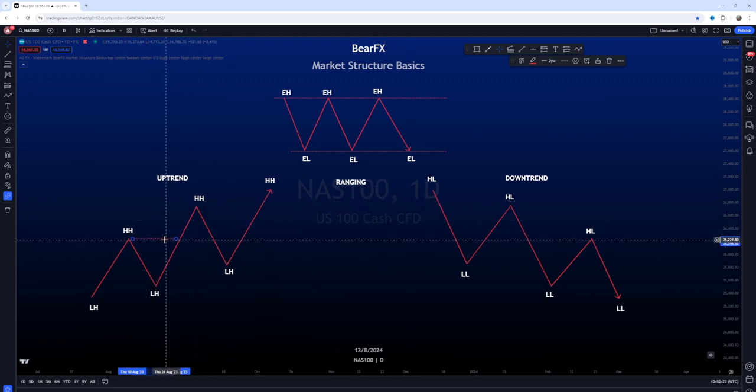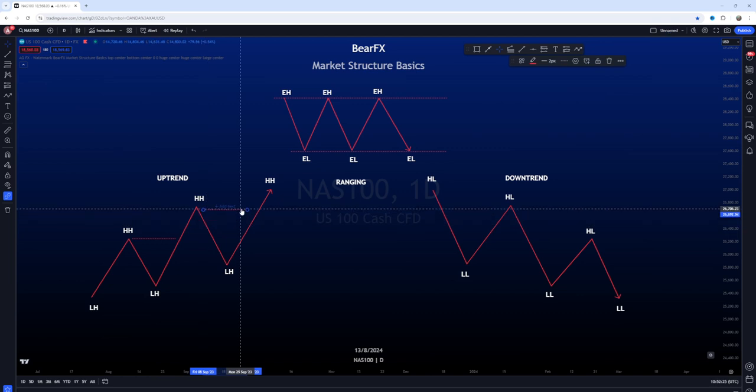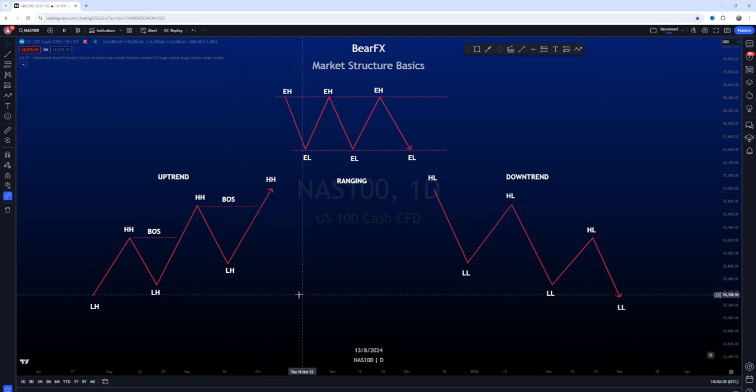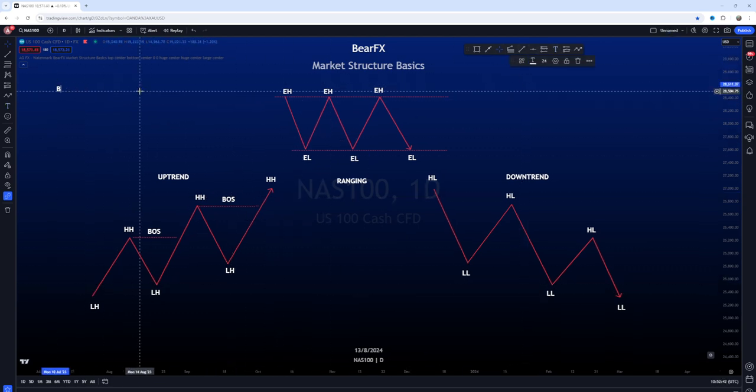Again, we can see that here as well. On the next one, we'll see a break of structure here also. So we've got two breaks of structure on this chart, BOS, BOS, break of structure.